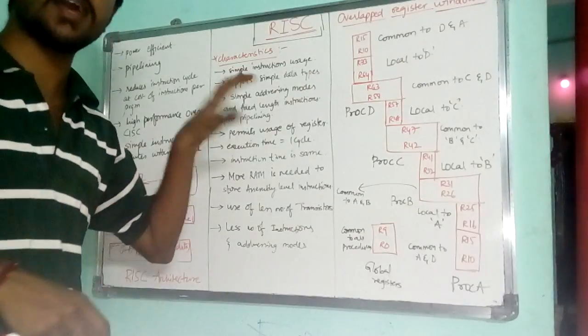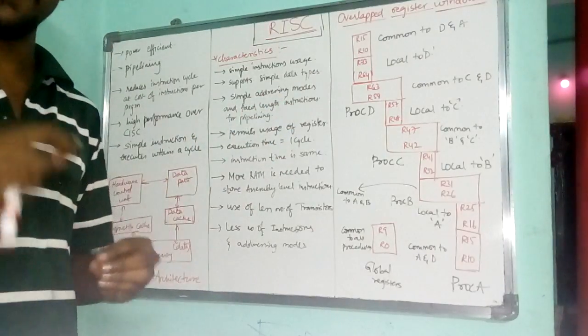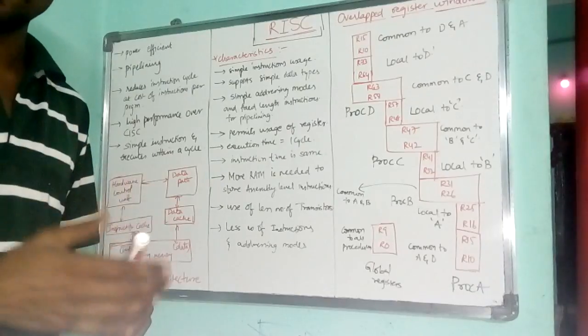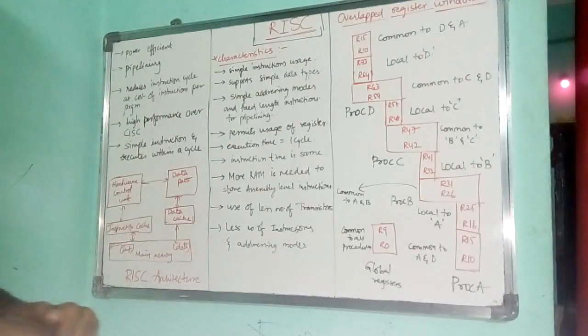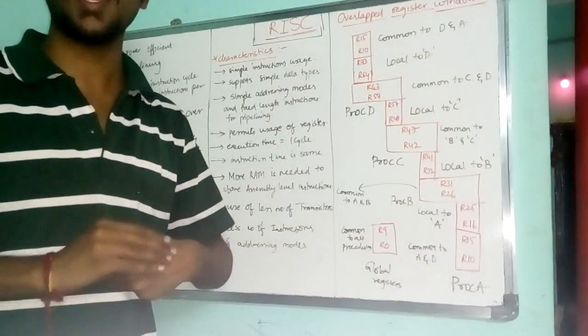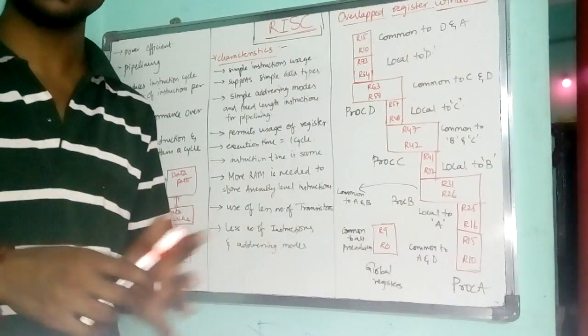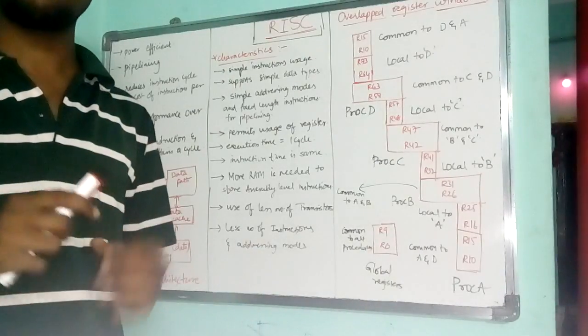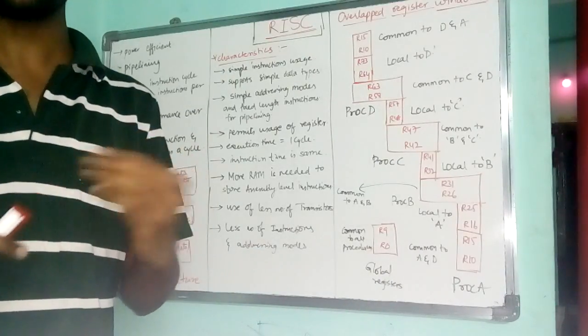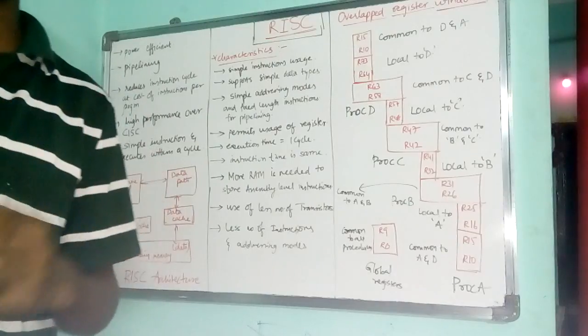Now this RISC type of processors leads to an important new feature called overlap register windows. Now if you see any high level programming languages, there we use terms called call and return of the procedures, right?